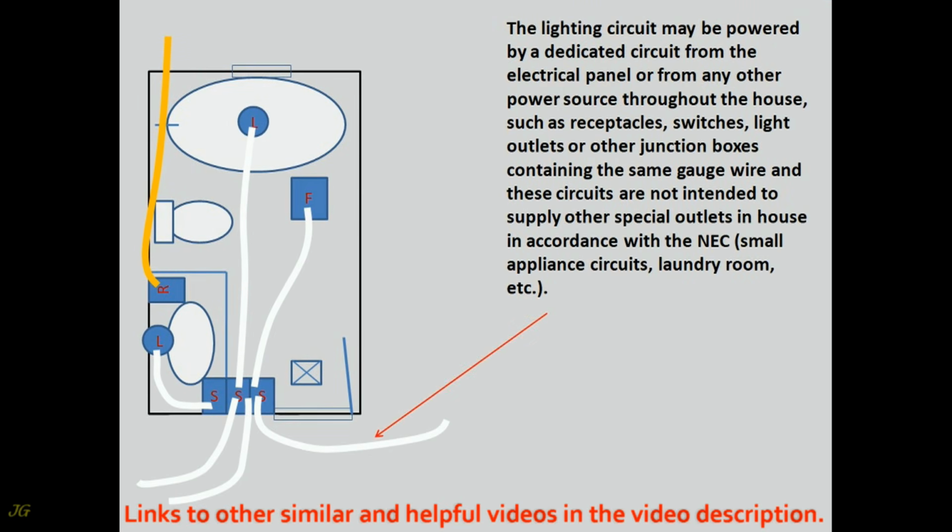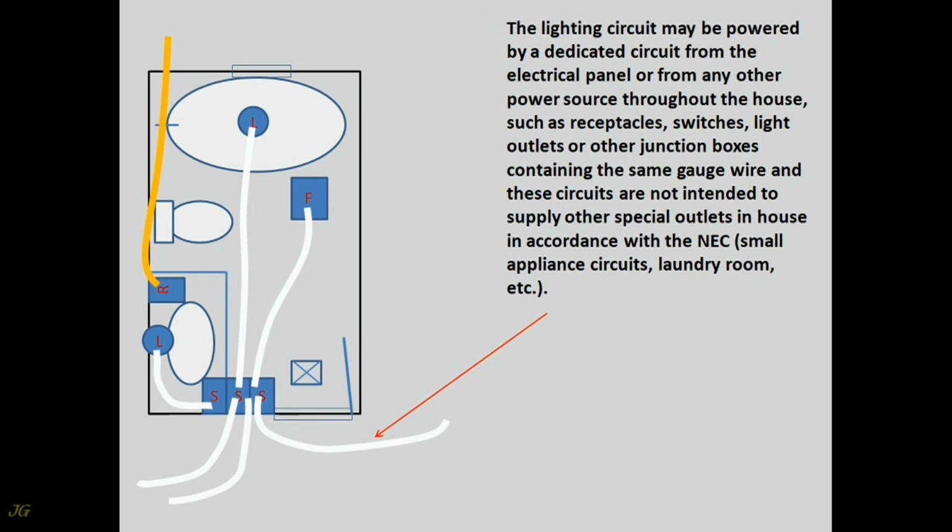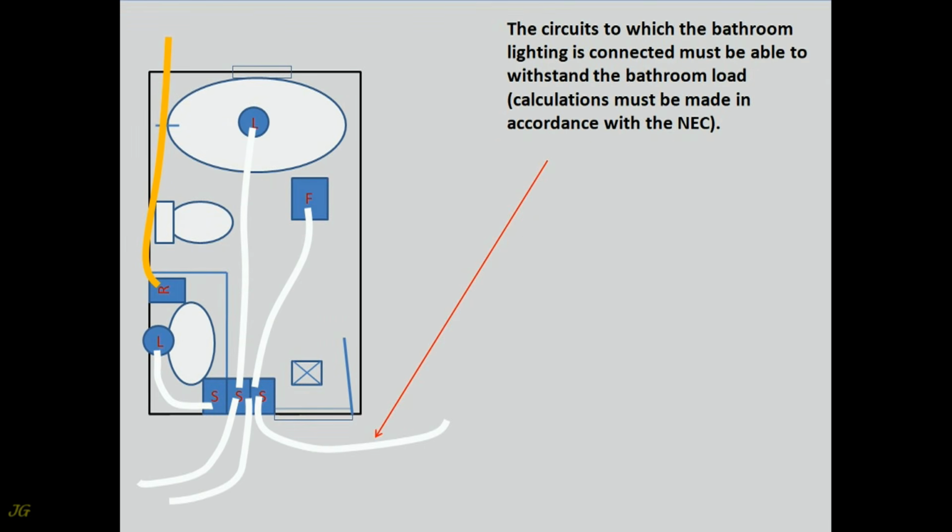The lighting circuit may be powered by a dedicated circuit from the electrical panel or from any other power source throughout the house, such as receptacles, switches, light outlets or other junction boxes containing the same gauge wire, and these circuits are not intended to supply other special outlets in the house in accordance with the NEC, such as small appliance circuits, laundry room, etc. The circuits to which the bathroom lighting is connected must be able to withstand the bathroom load.